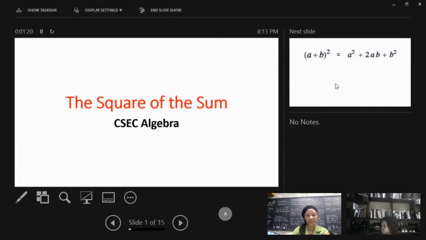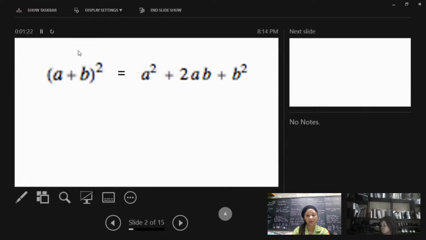So this is the square of the sum. Last week we had a minus sign in here. It was the square of the difference. And we got something very similar to this. Do you remember, can you point out what the difference was? So let me refresh.